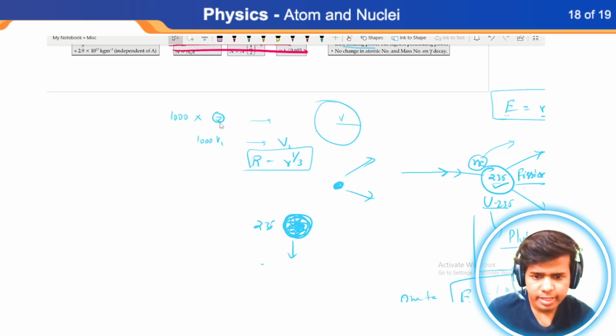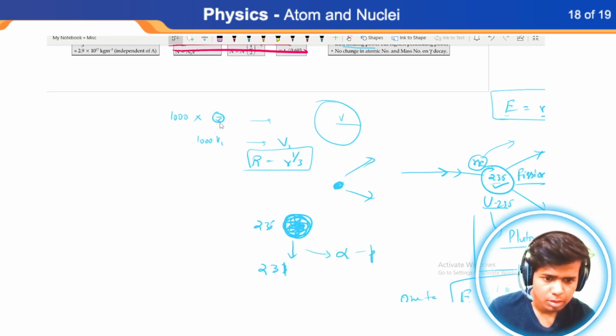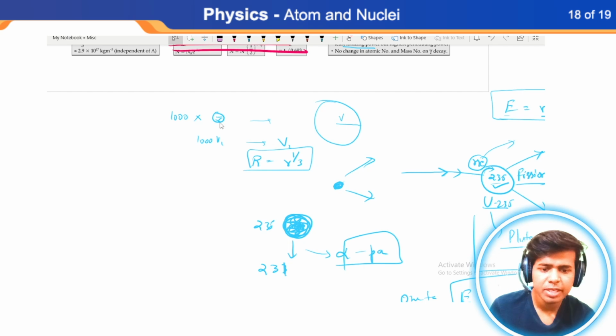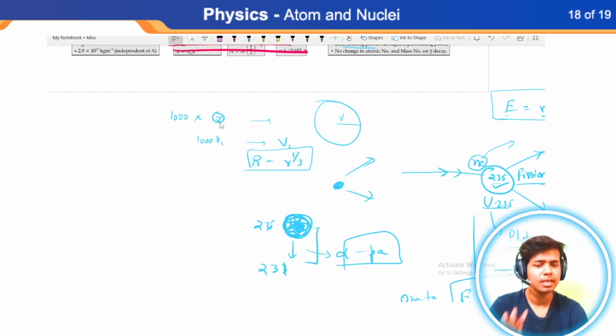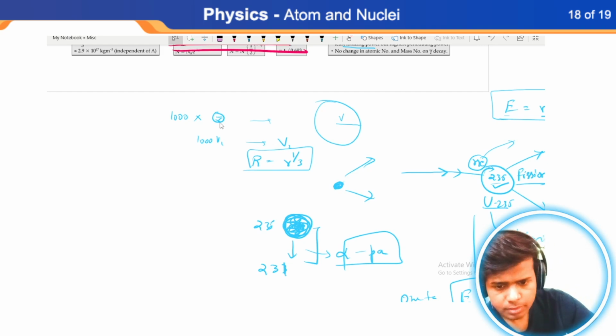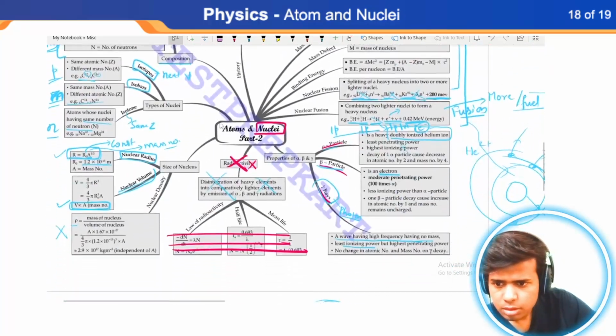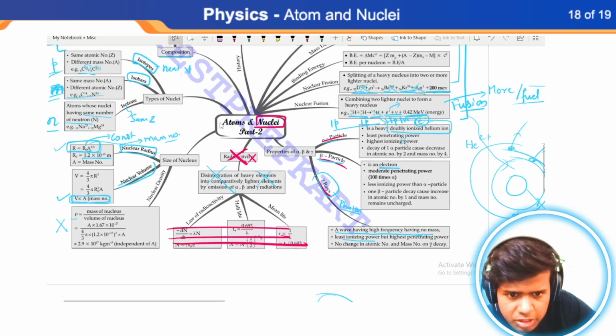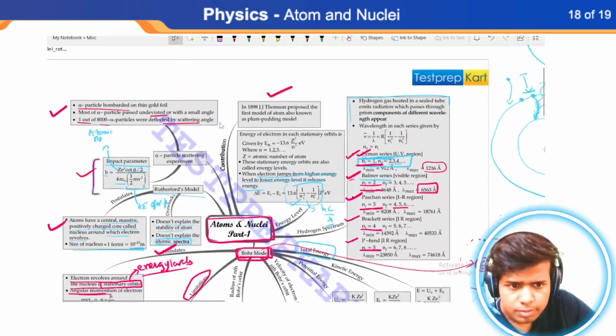Then maybe it gets into 233, or maybe 231, while releasing an alpha particle in between. So this alpha particle getting emitted spontaneously without anything is called radioactivity, radiation emitting. So I think this is mostly from this chapter, and that's all.